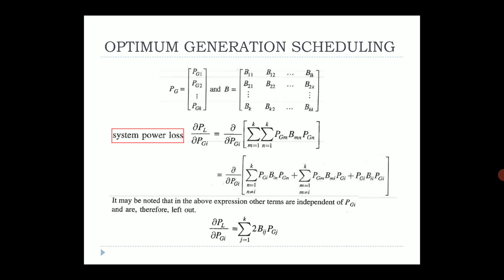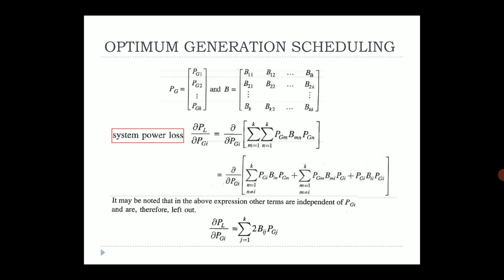Okay, so the total system power loss will be dPL by dPGI. What is that? Total system power loss, and it is said as incremental transmission loss, ITL. So how to find this ITL? We differentiate it. If we differentiate it, we will have these terms.